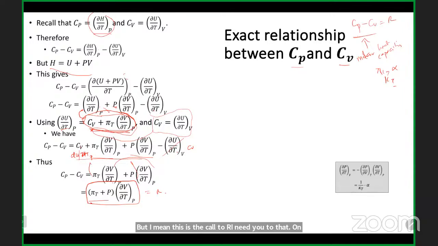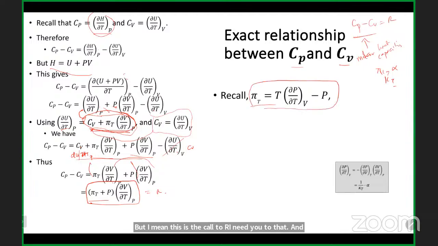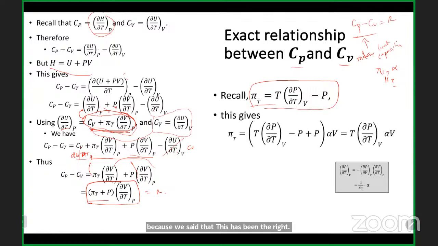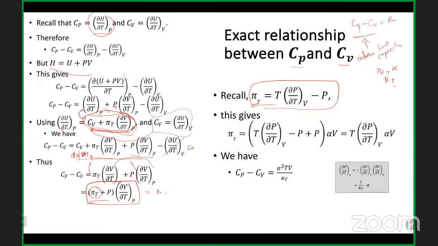And because we said that this has been derived, let's annoy each other a little bit more. So if you put the expression for pi t in that equation, we get, sorry, this is not pi t.